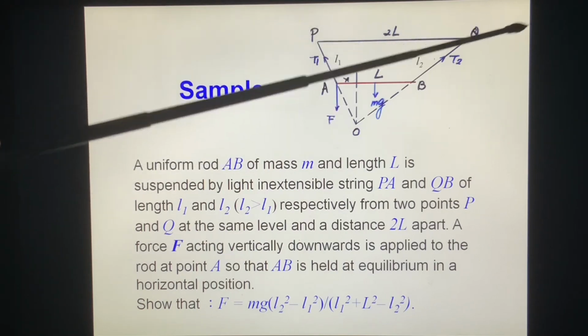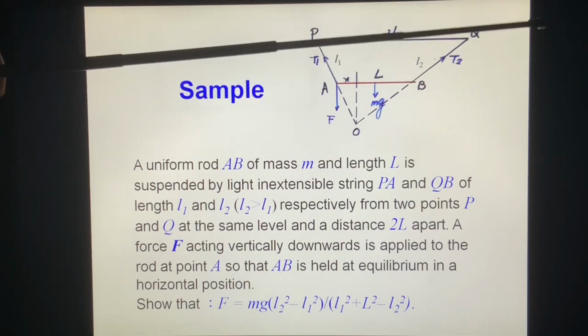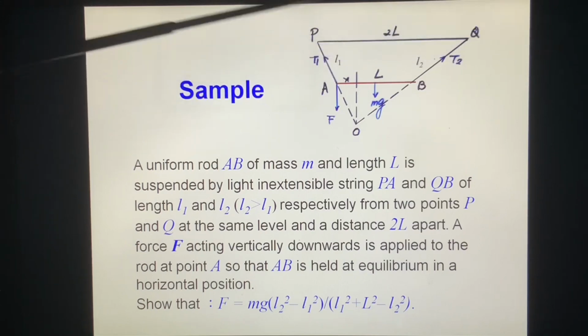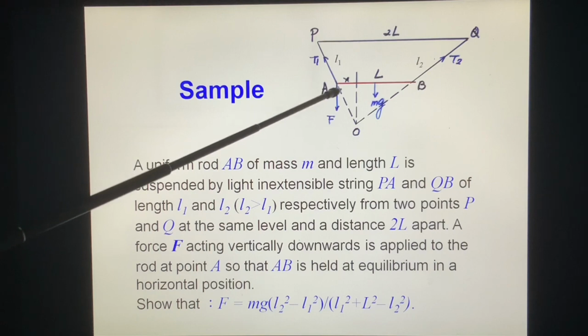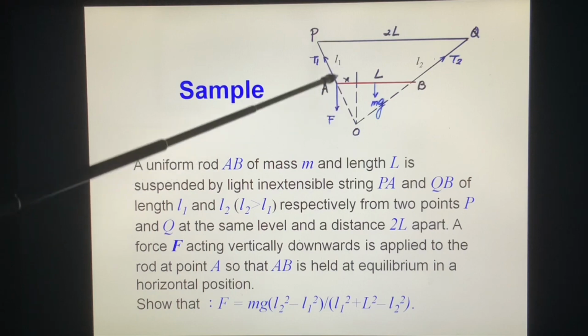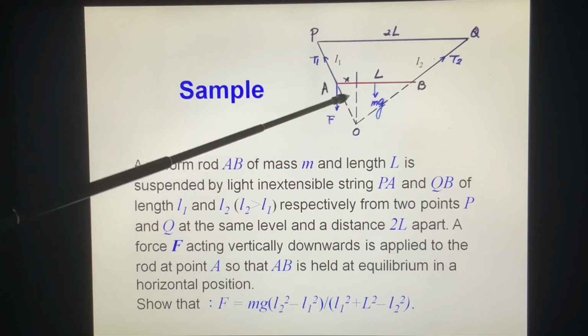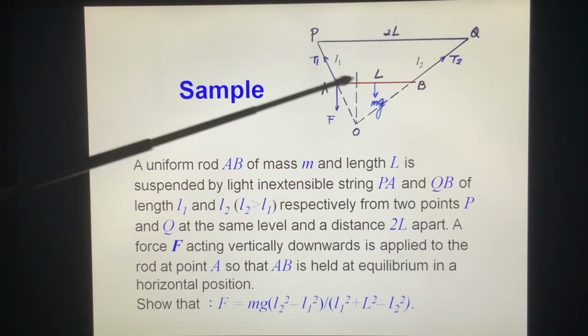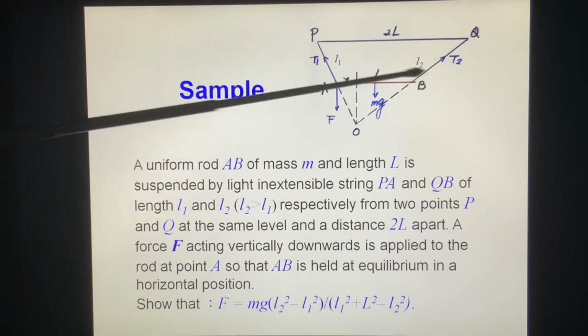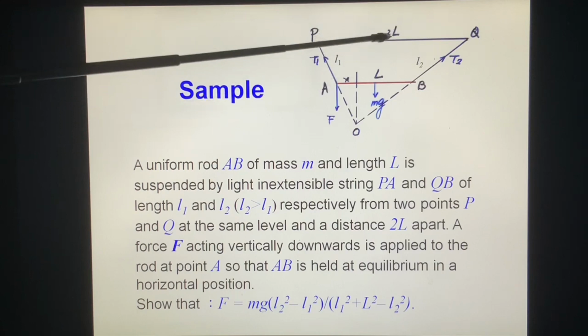And PQ is parallel horizontally, and the distance is 2L. A force F acting on A, vertically downward, is applied to the rod so as to make AB horizontal, parallel to PQ.